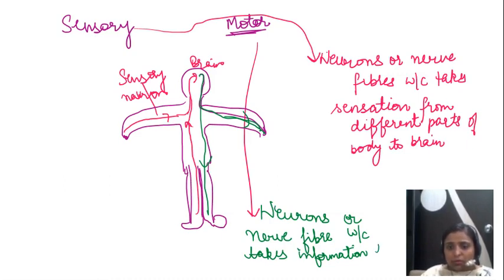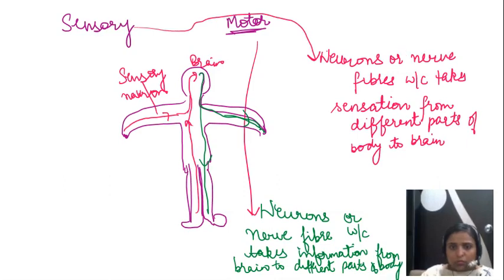Takes the information from the brain to different parts of the body. So they are called your motor nerve fibers.